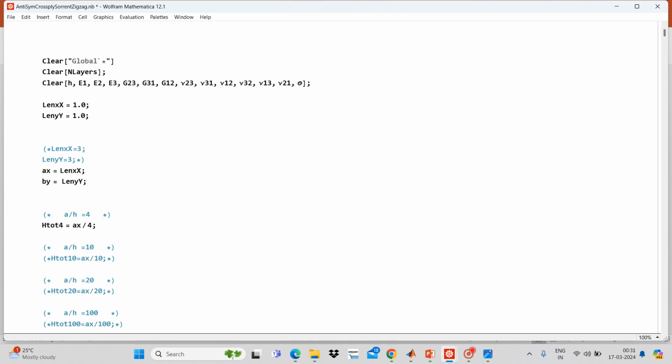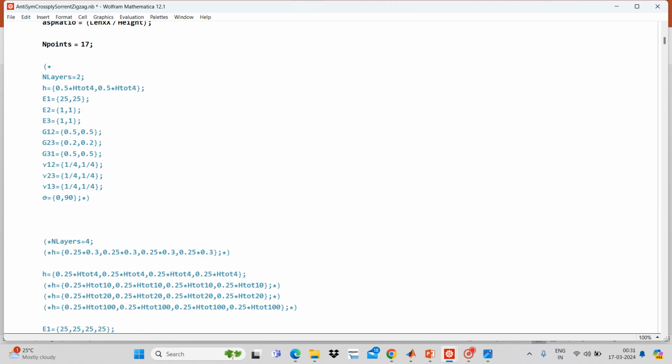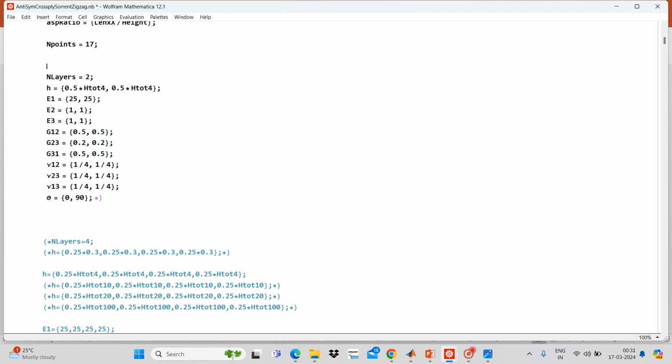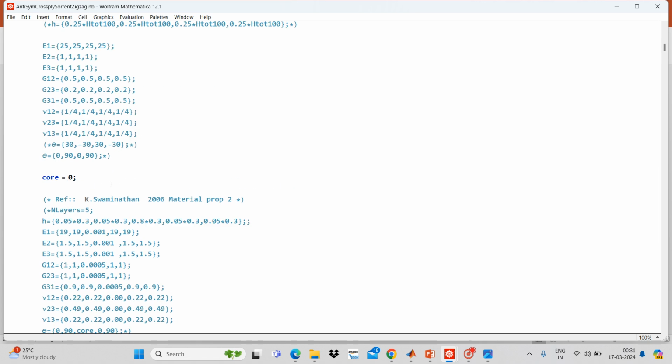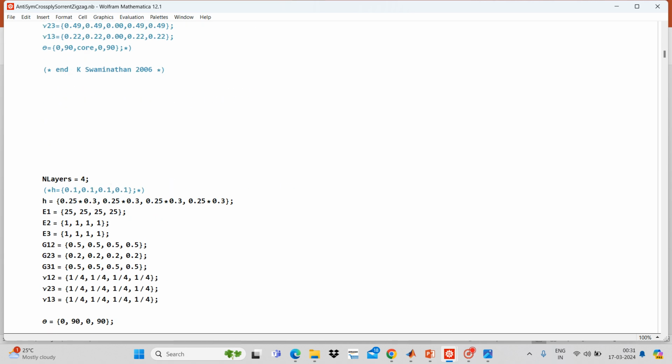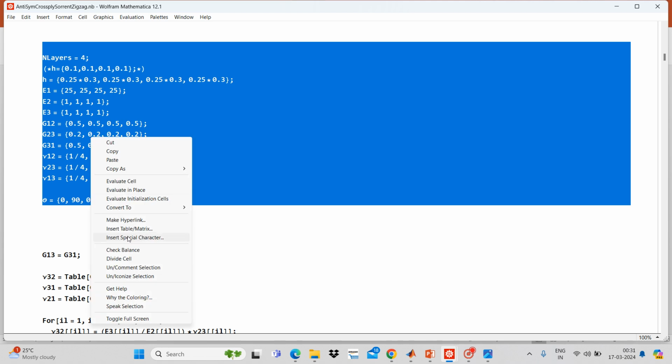So we will see here. Let us do it for the 2 layer. First we will see the 2 layer output, and we will comment out the rest because we are running for the 2 layer right now.